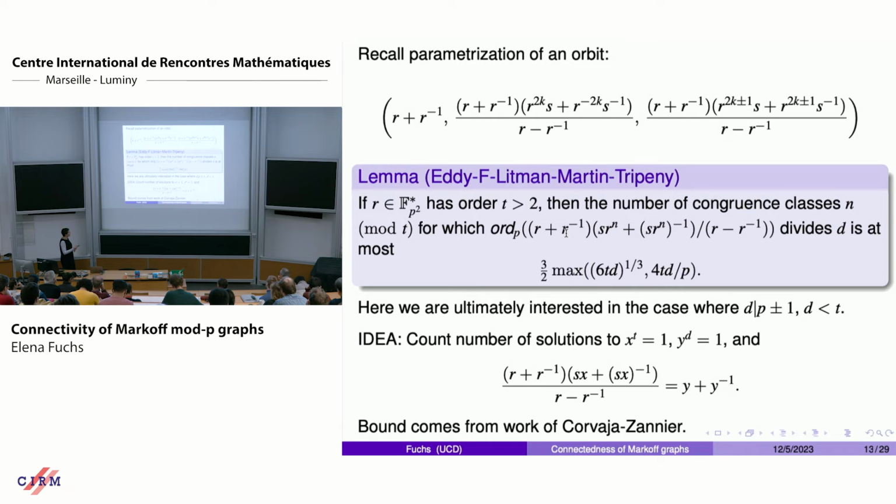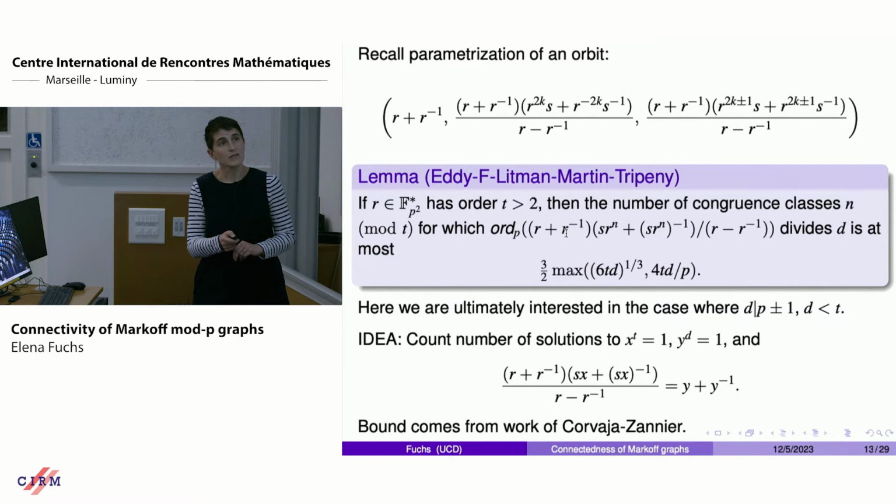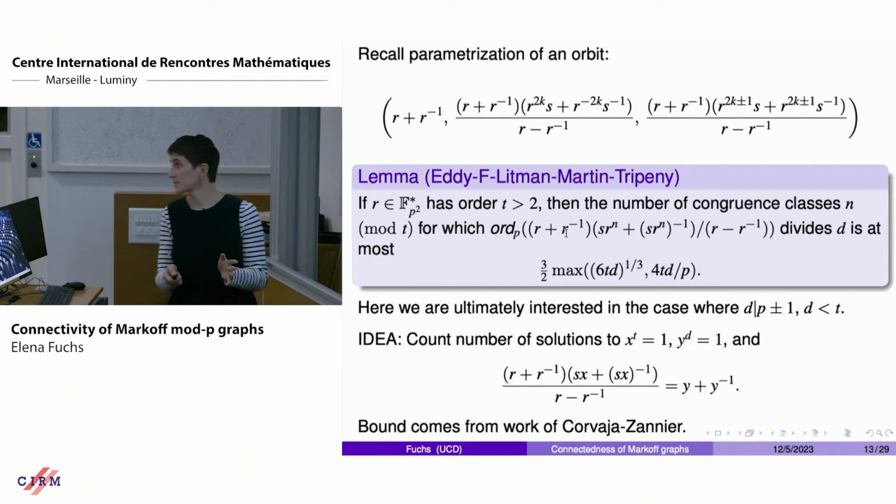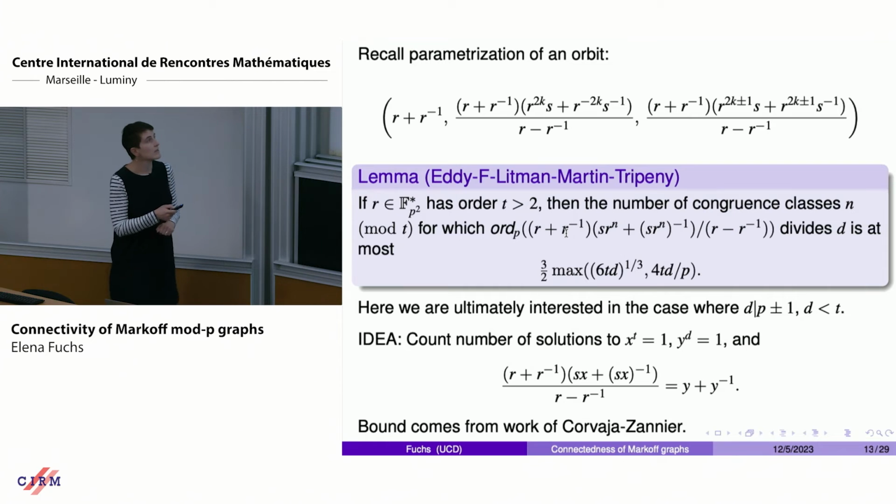And then I want this to be equal to y plus y inverse, where y to the d equals 1. So the order of y divides d. So literally, we're looking for solutions where y is coming from the subgroup of Fp star of order d, and x is coming from the subgroup of order t.